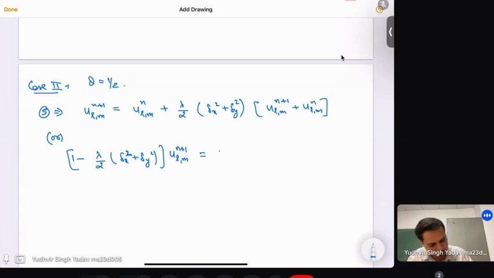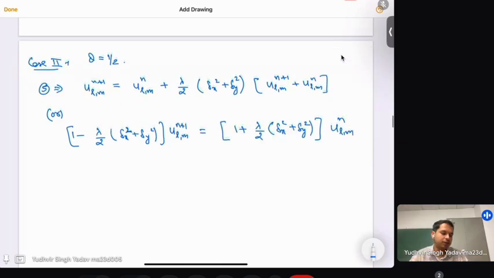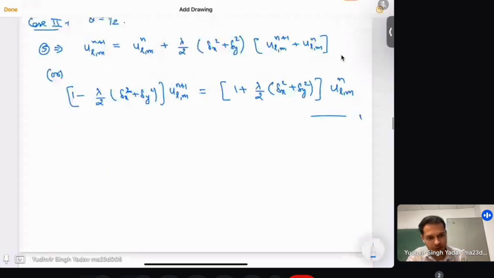So u l m n, the nth time step, is on the right hand side and the n plus 1 time step terms are on the left hand side. Let us number this equation as equation number 8.